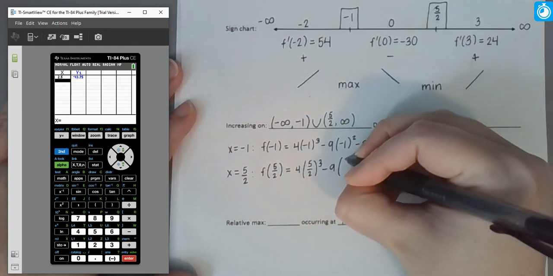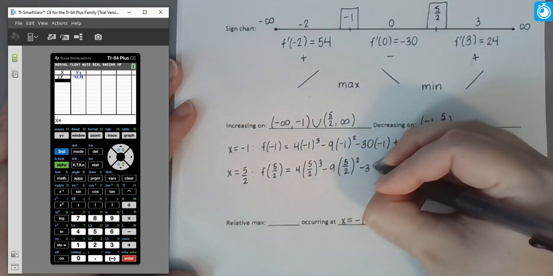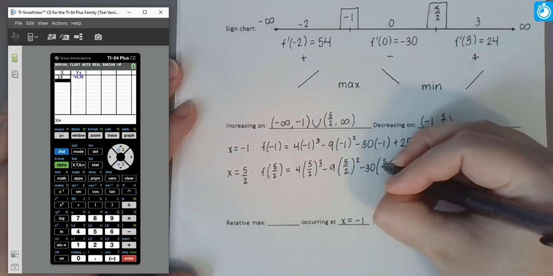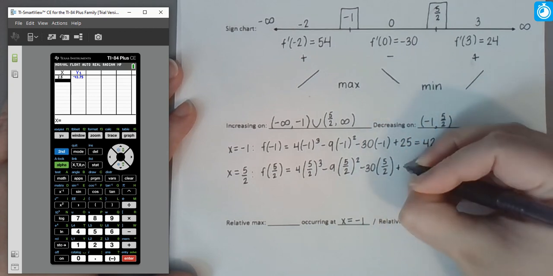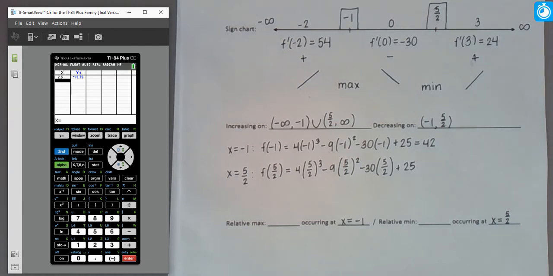So evaluation here means I'm plugging into my function, specifically substituting this value of x equals 5/2. Well, we can determine this again from the table, which we just did, but if we want to go real old school, just plug it in, right? So just substitute all of this in, type it in. So we have 4 times 5/2, and that is cubed.